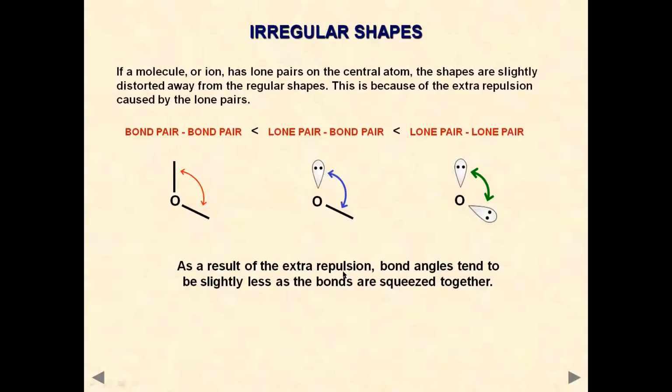So as a result of extra repulsion between the lone pairs, 2 lone pairs or a lone pair and a bond pair, the bond angles tend to be slightly less. The molecule is kind of squeezed. So bond angles tend to be slightly less as the bonds are squeezed together. Again, we're going to look at these examples in detail.